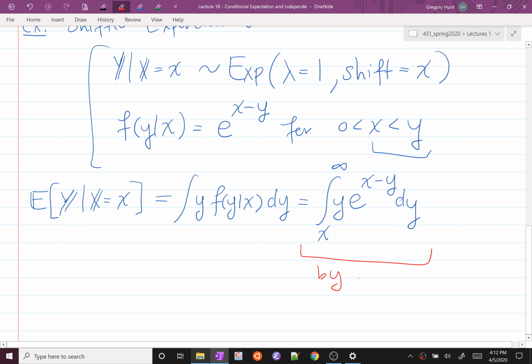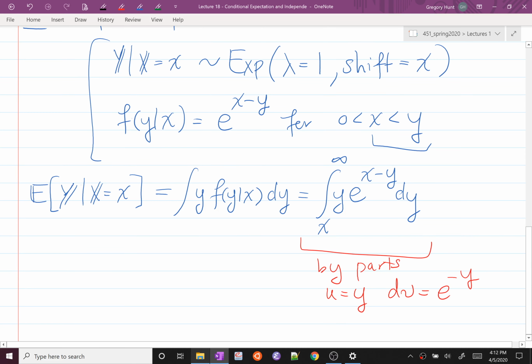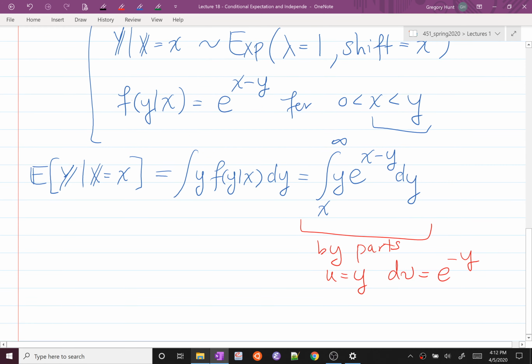If you do integration by parts, you can solve this one. We let u be y and dv be e to the negative y. We should get our answer. Why do I have to include the x? Well, obviously, my x should just come out, right?